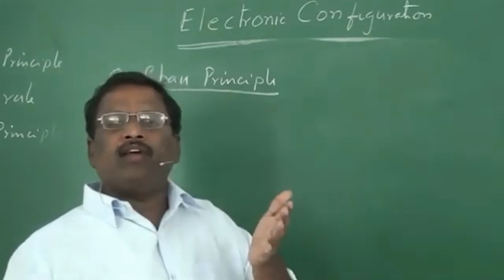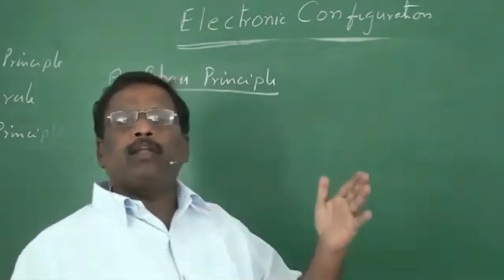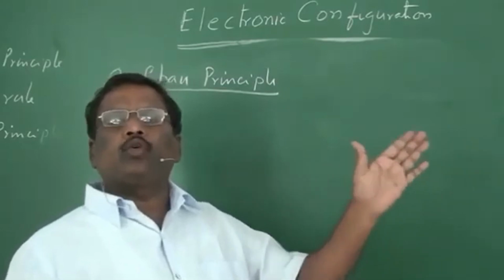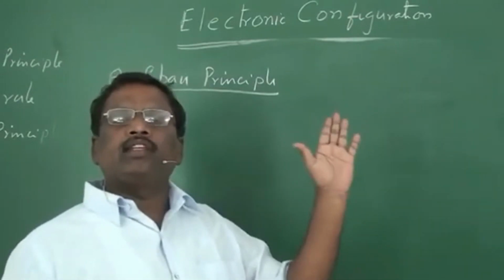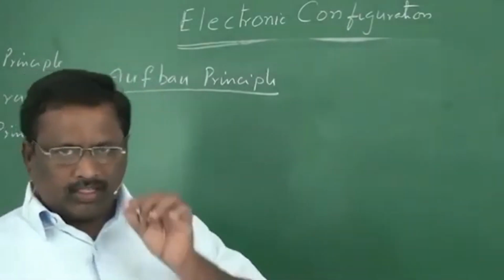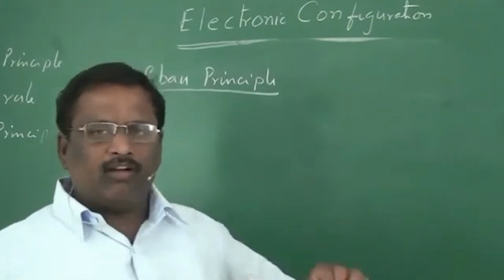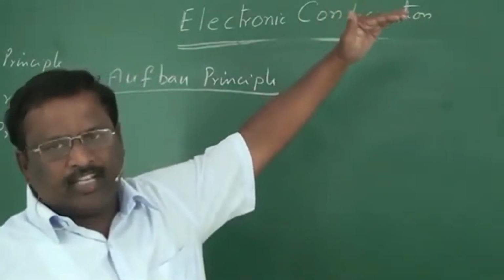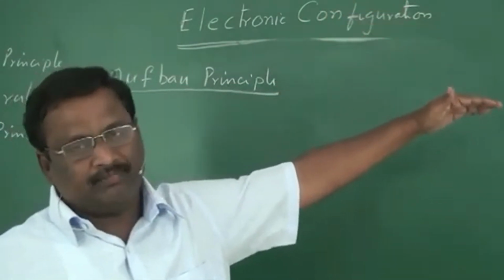And in each energy level there are all orbitals. In the first energy level you have 1s, in the second energy level you have 2s and 2p, in the third 3s, 3p, 3d, and in the fourth 4s, 4p, 4d, 4f. So though it has only one electron, that small atom will also have all these orbitals. That was proved by the hydrogen spectrum.